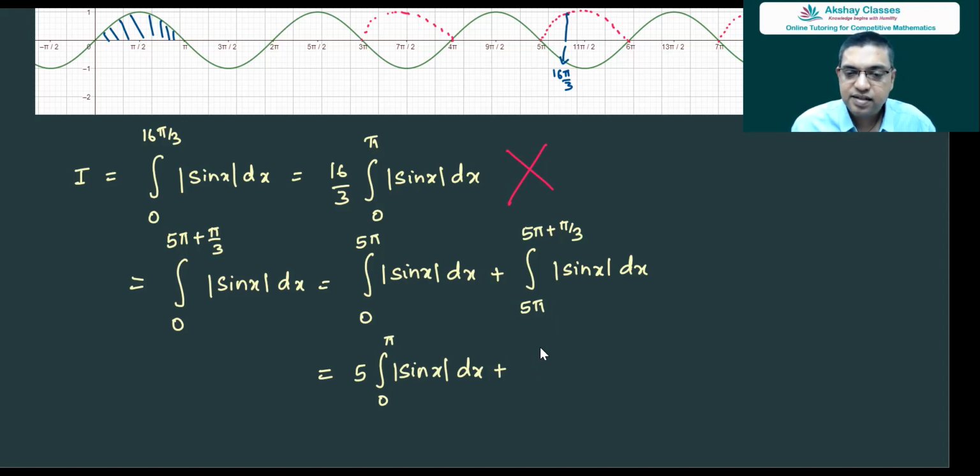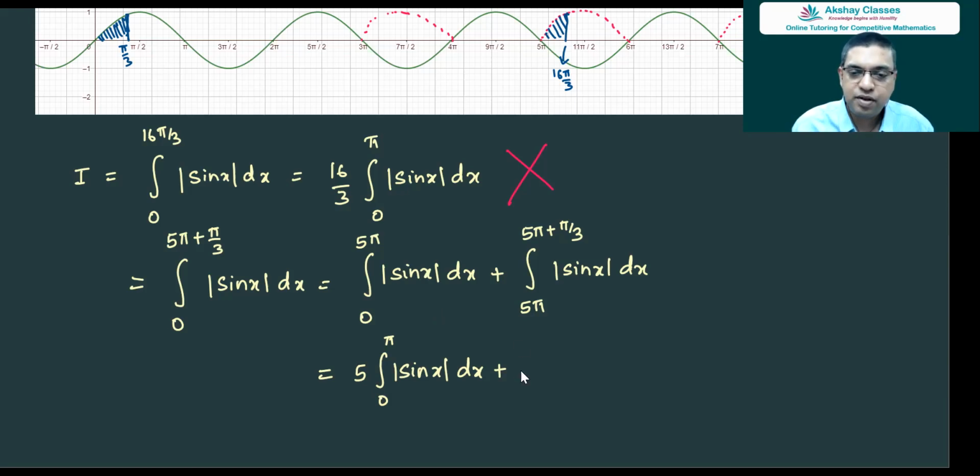So if you look at the graph, this portion will be the same as this portion here, say pi by 3, from 0 to pi by 3. This portion of the graph will be the same as this portion of the graph.